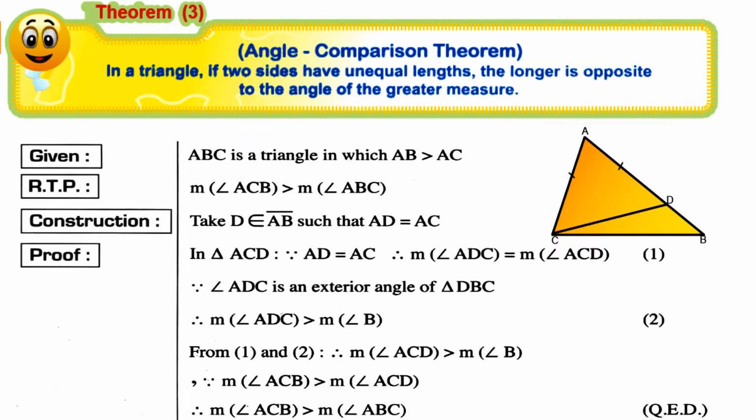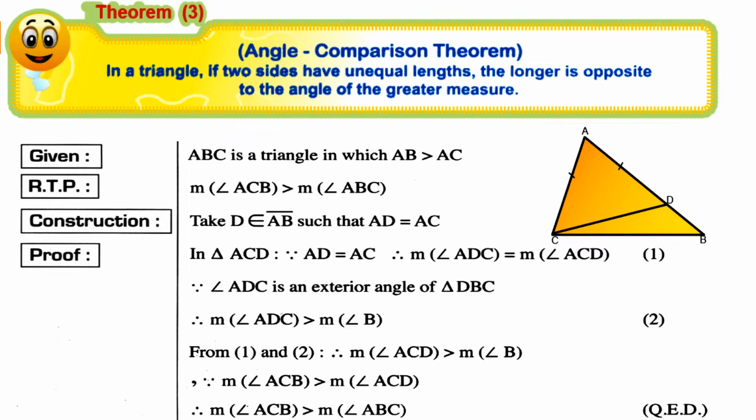Since angle ADC is an exterior angle of the triangle DBC, then the measure of angle ADC, because it's an exterior angle, is greater than the measure of angle B. And this is number 2.